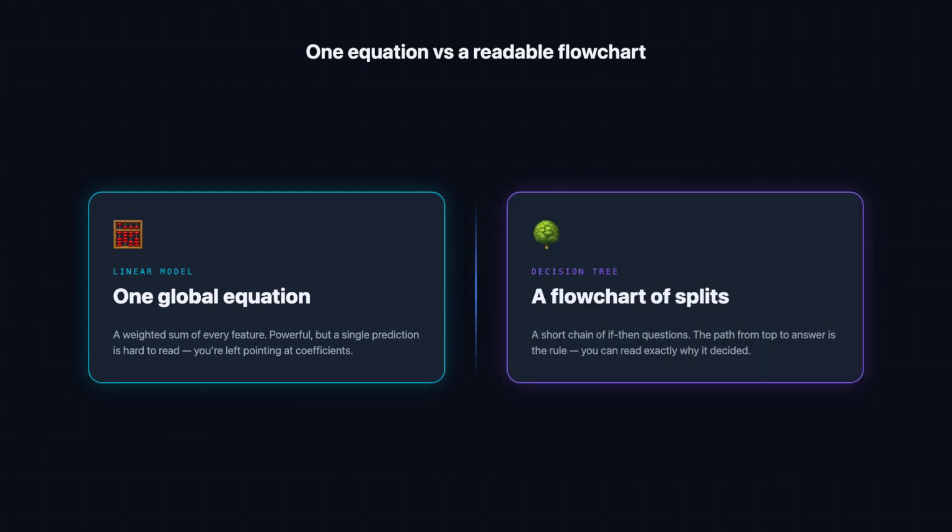A tree, by contrast, is a readable flowchart of simple splits. Each step tests one feature and branches, so the path from top to answer is a short chain of yes or no questions. You can literally read the rule that produced any given prediction out loud and hand it to someone who has never touched a model.